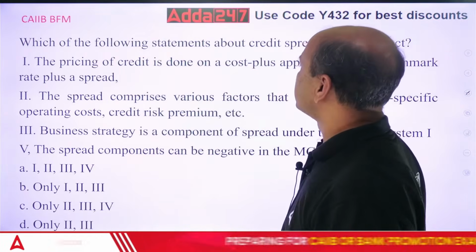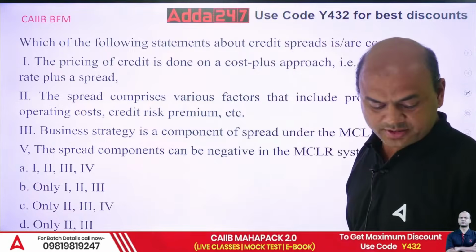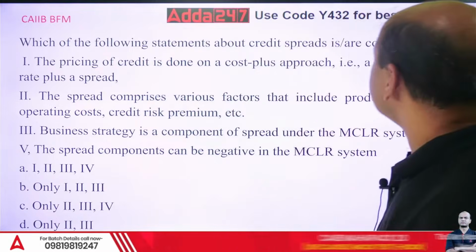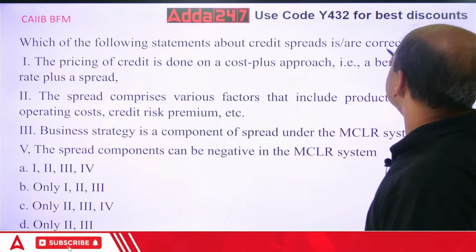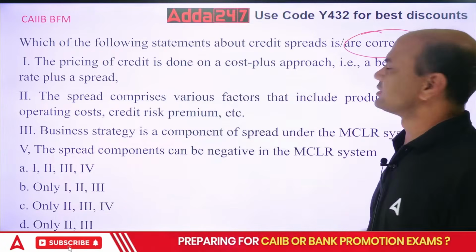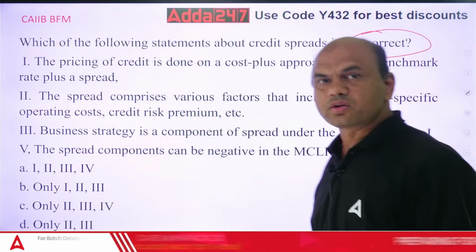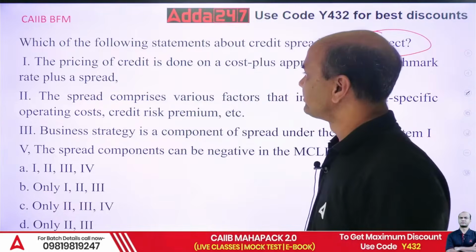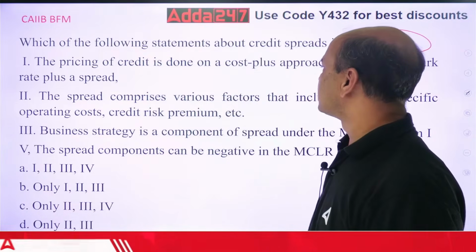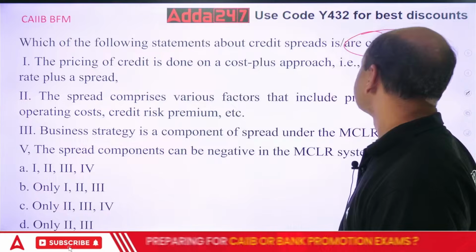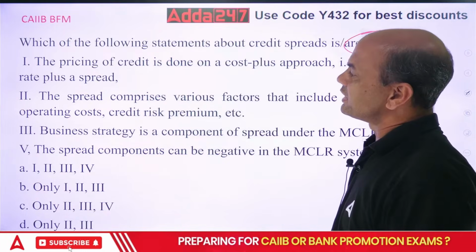Which of the following statements about credit risk spread are correct? Always check what is asked in the exam. Are they asking you correct or are they asking you wrong? The pricing of credit is done on cost plus approach, that is benchmark rate plus spread.